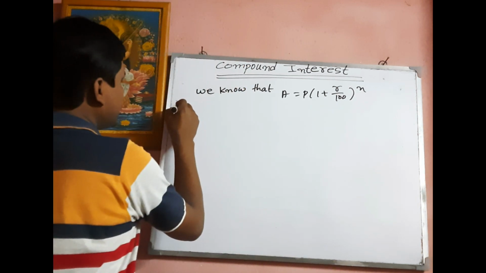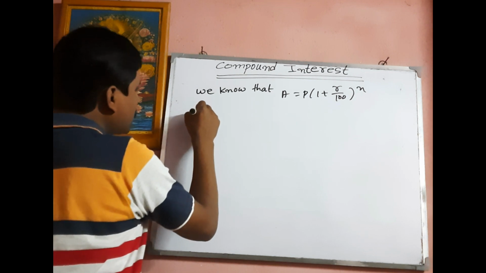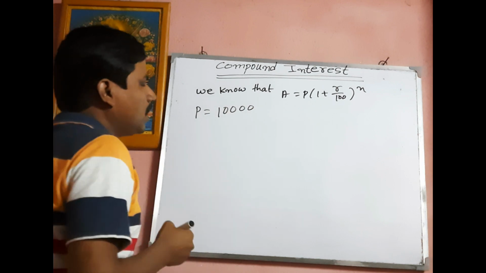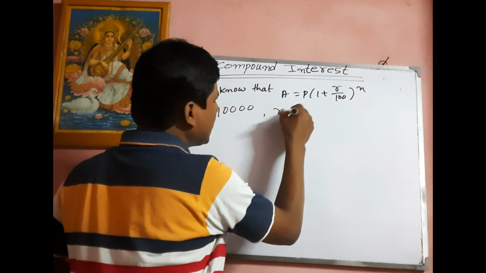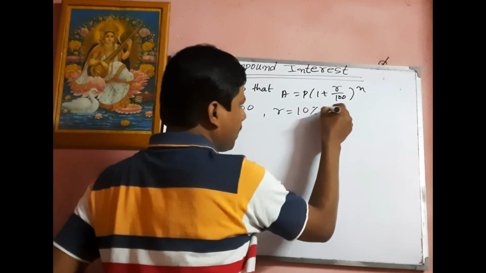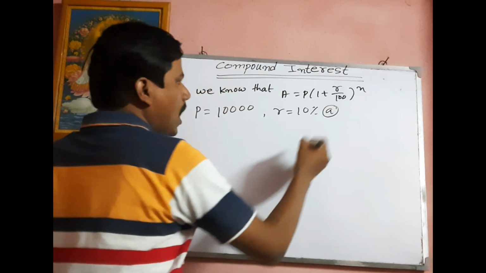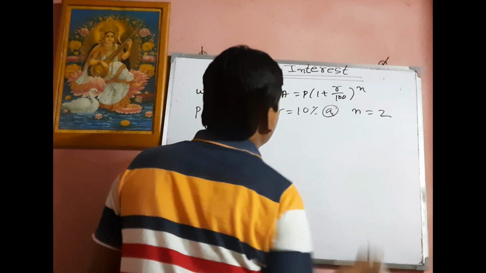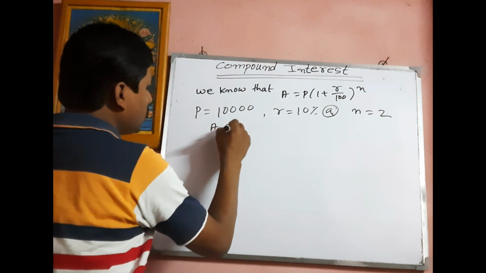Suppose for the first example, the principal is this, and the rate of interest R is equal to 10% per annum, and the time period n is equal to 2. Then find the amount.